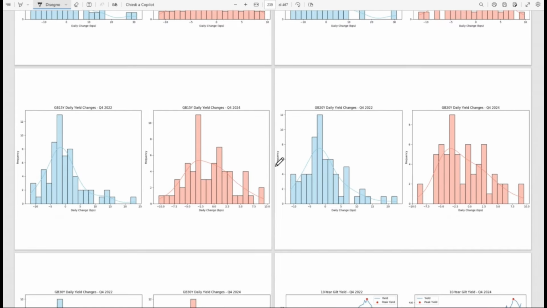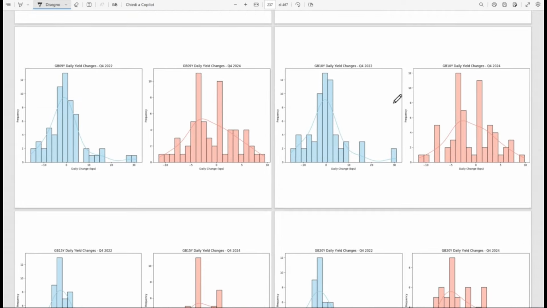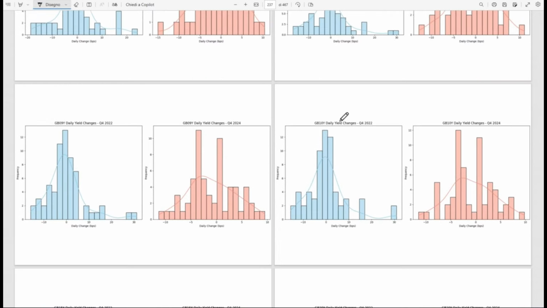So let's go and see, because then when the duration of the yield goes up, this is the 10-year yield. In 2022, the volatility was very, very high, 10 basis points, almost even 30 basis points in one day. Now in 2024, the most you had was 10 basis points.